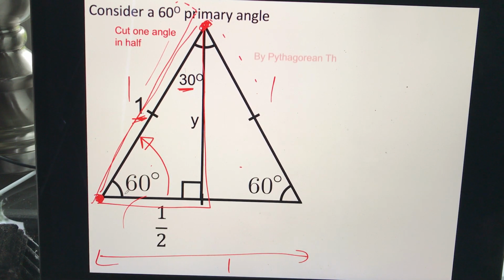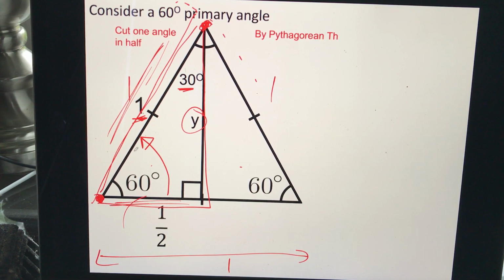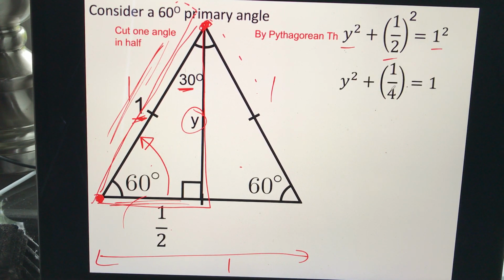Okay, so by Pythagorean theorem, I want to try to figure out what y is. I know my hypotenuse is 1. I know my base is a half. But I don't know what y is. So Pythagorean theorem, I know y squared plus a half squared is 1 squared. I know a half squared is a quarter. I know 1 squared is 1. I'm going to just subtract a quarter from both sides.